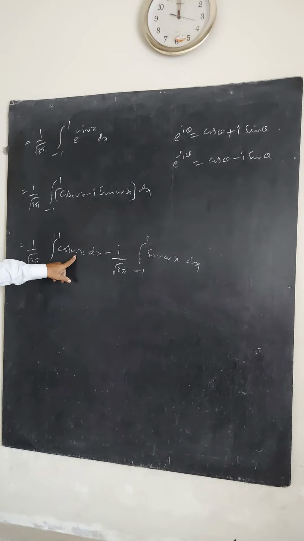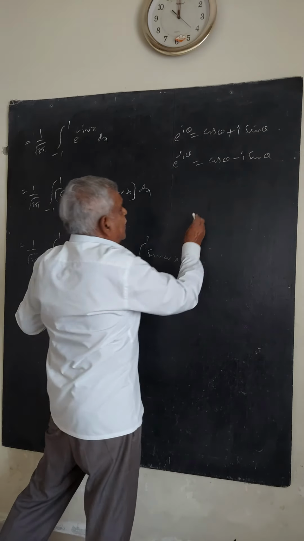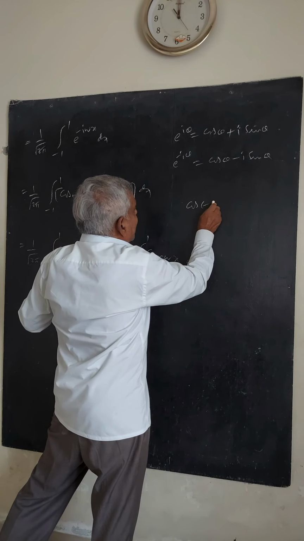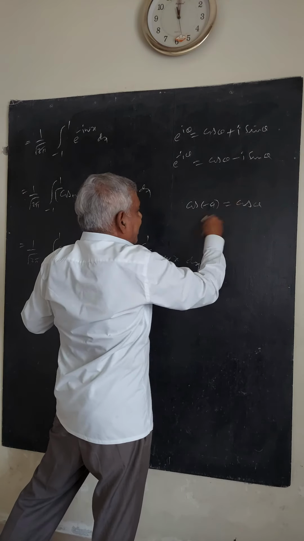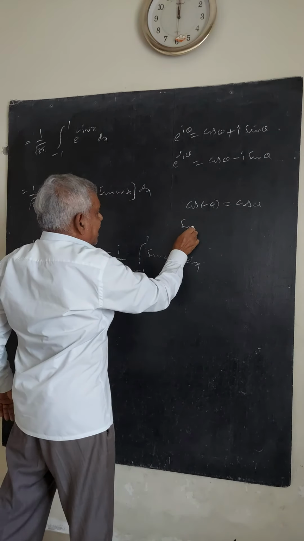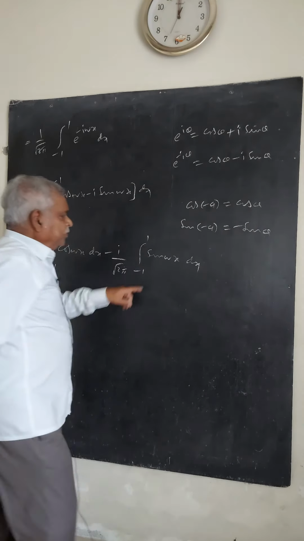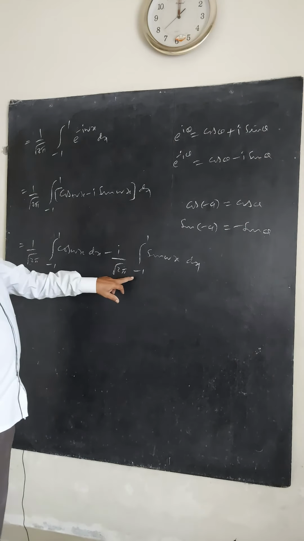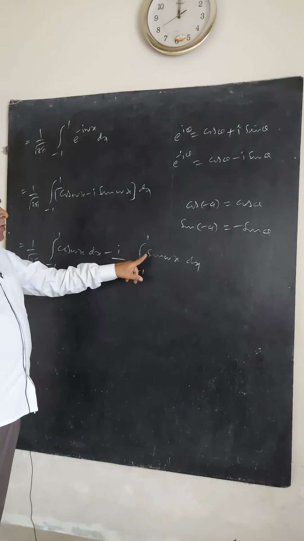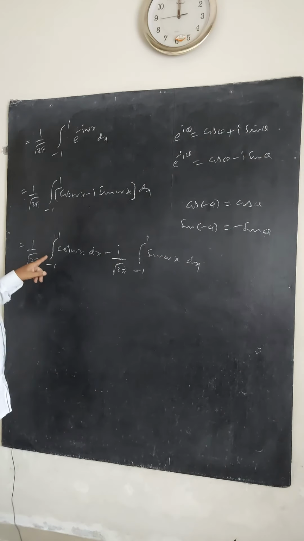Here cos comes, and here sin comes. Cos is an even function: cos minus theta is cos theta, so no negative comes out. Sin minus theta is minus sin theta, so sin gives a negative. When the limit is from negative to positive and a negative comes out, it is an odd function and becomes 0.